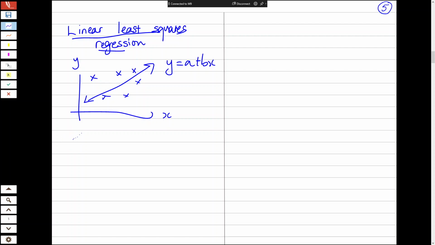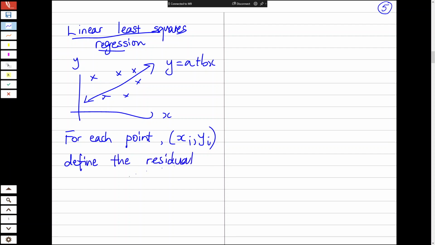For each point xi, yi, the reason why I'm using i is because there could be any number of points, n points. For each point xi, yi, define the residual di equals the actual value yi minus the predicted value a plus bxi.